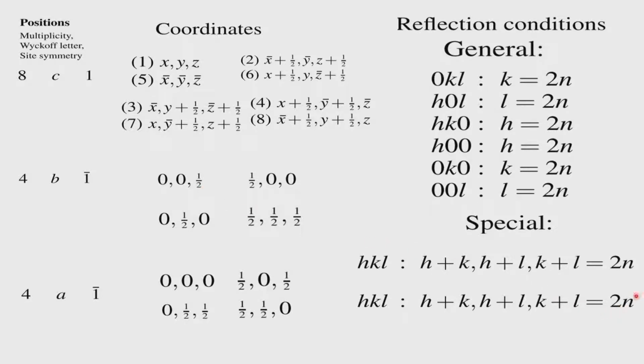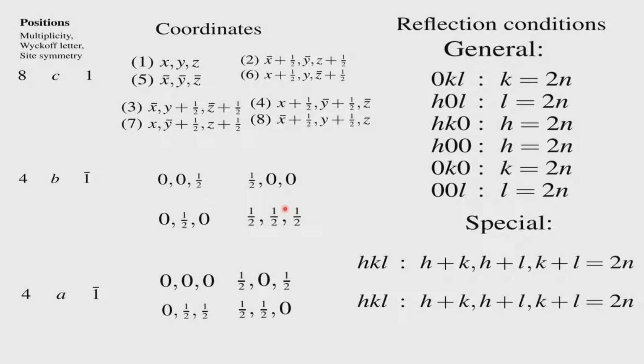So, you see that the conditions look as though what? It looks as though they are F centered lattices. You remember the conditions for F centered? So, this looks as though they are F centered lattices. So, what you have to do is never look at these special absences, look at only the general absences to determine the space group. These are occurring mainly because of the way in which the atoms are positioned inside the lattice.